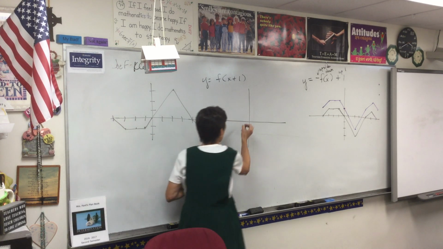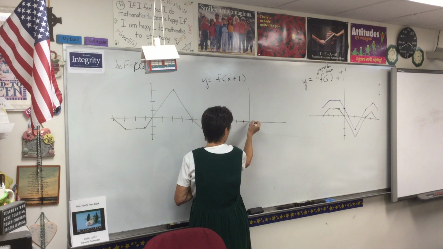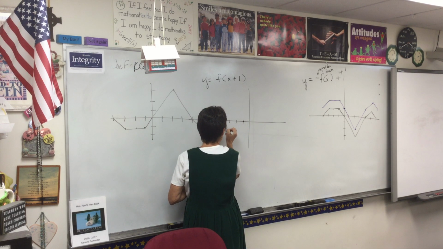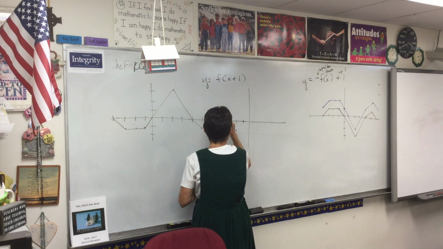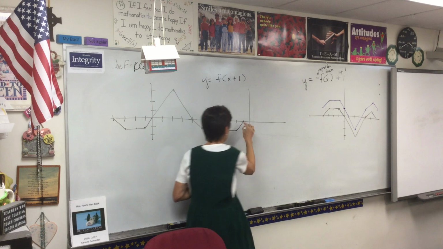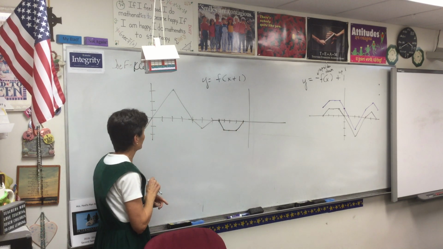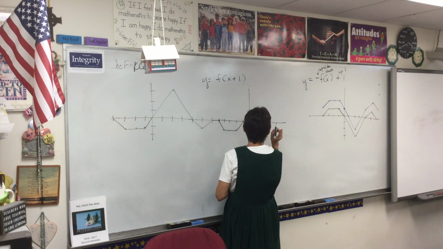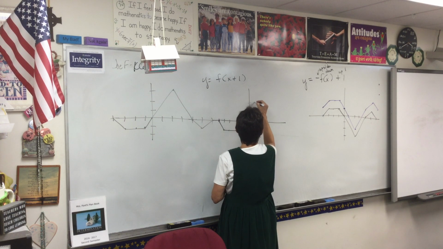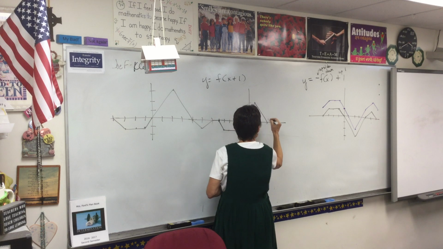So that means my trapezoid that used to start here at the origin now is going to come over to here. Starts over 1. My triangle is still 4 wide and 3 high, but it's shifted over.